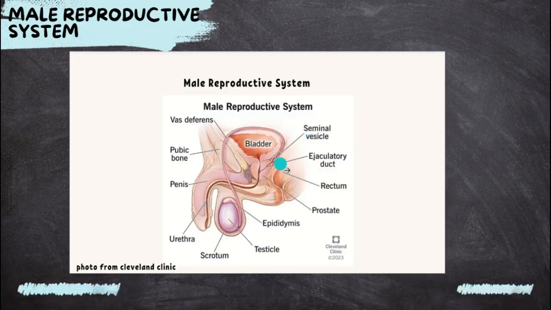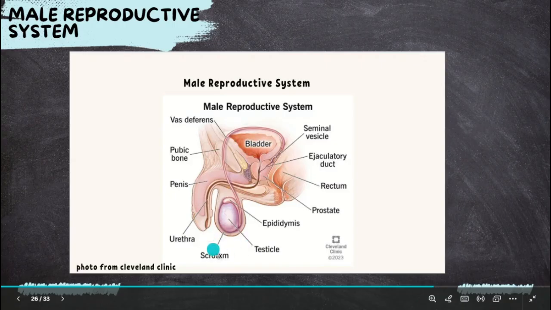So now right here what we have is the seminal vesicle, and basically it produces a fluid that helps to nourish the sperm. So it nourishes the sperm and contributes to the semen.